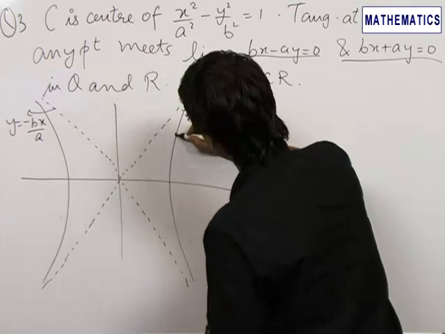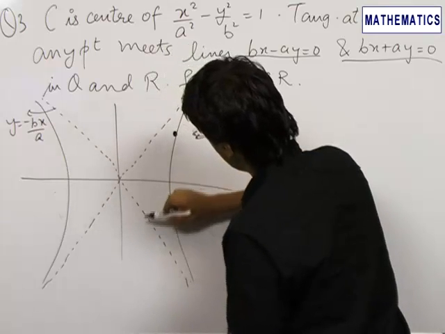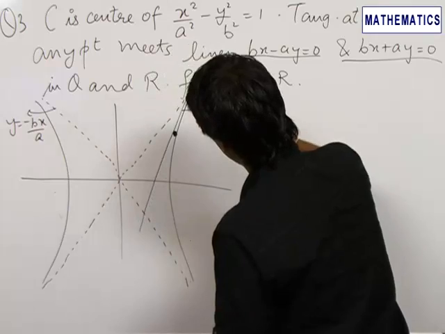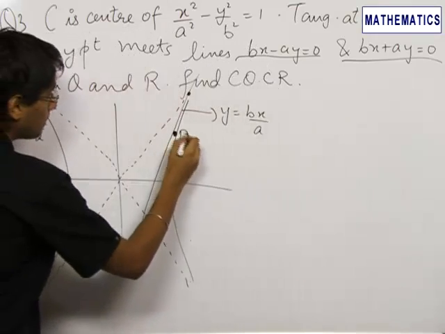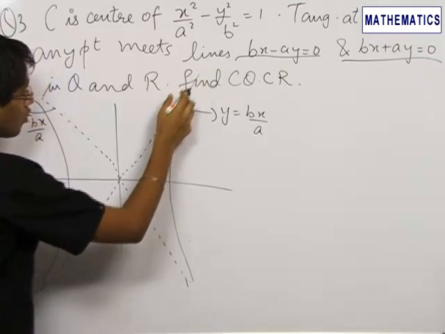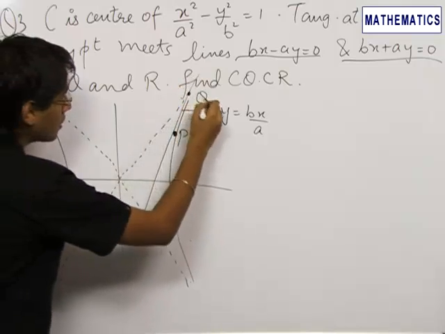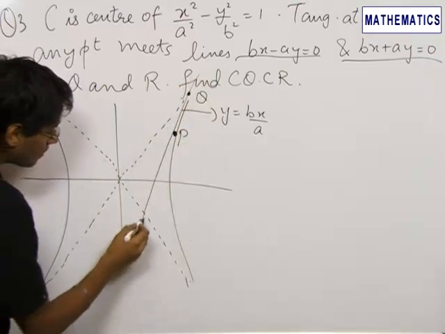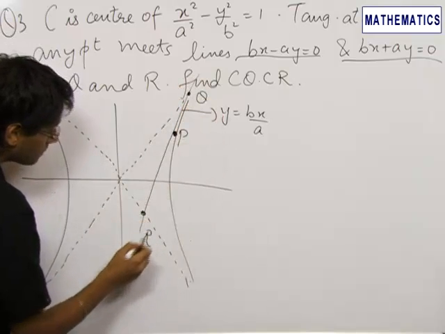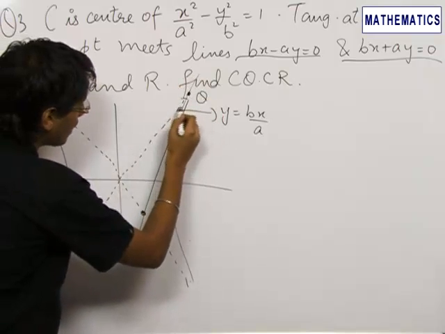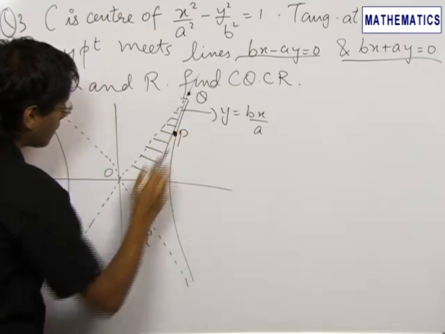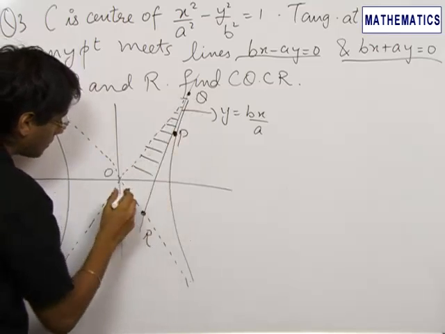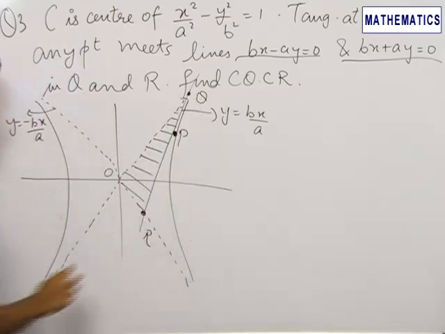Now if we make a tangent on any point P, it meets the asymptotes bx by a in Q and minus bx by a in R. So it is this triangle QOR that we are talking about.